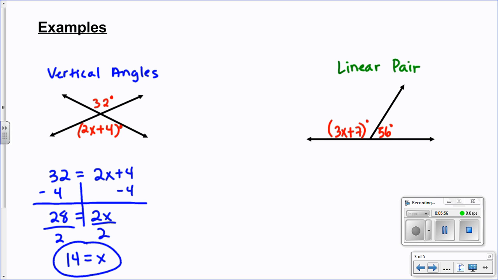What I need to do here is add them and set them equal to 180. So I have like terms with 7 and 56. So if I add 7 plus 56, then I get 63.